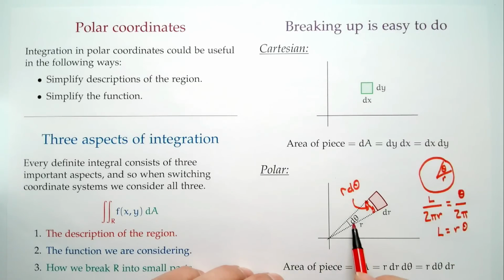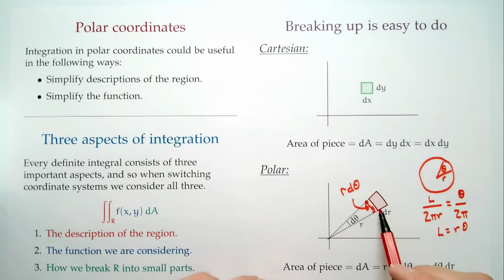In our case, it's d theta, a small change in theta. So that's roughly r d theta, and then times dr gives us r dr d theta. You can do it in either order, r dr d theta or r d theta dr. I will tell you that 99% of the time you will be using r dr d theta.